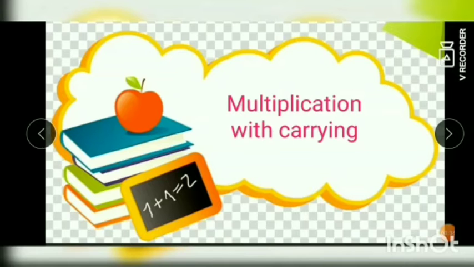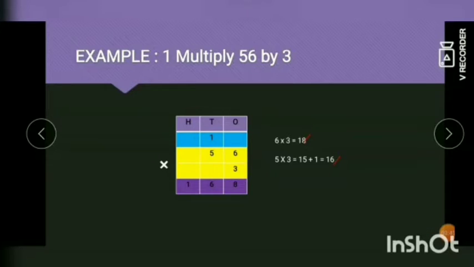Next we see about the multiplication with carrying. Let us see through an example. Example 1. Multiply 56 by 3. So first we write the number 56 in the place value chart as the number 6 is in ones place and 5 is in tens place.